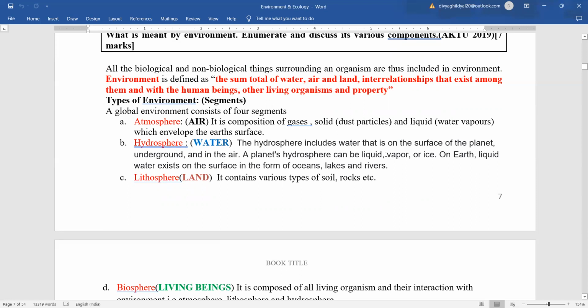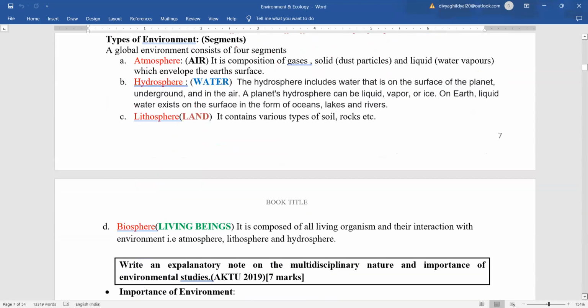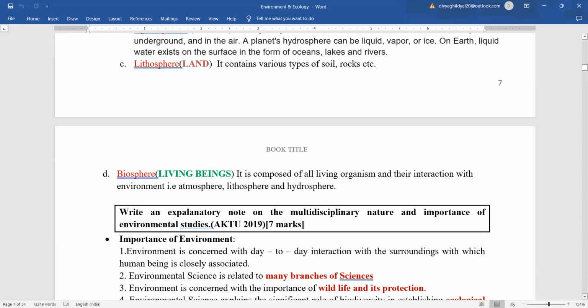It includes water that is on the surface of the planet, underground and in the air. A planet's hydrosphere can be liquid, vapor or ice. Lithosphere, that is land, consists of various types of soils, rock, etc. Biosphere, that is the living beings or living organisms on the earth, come under the study of biosphere.